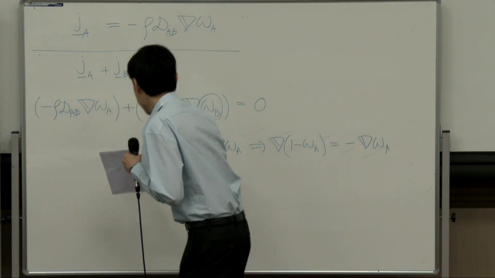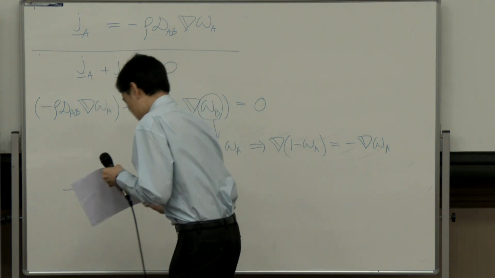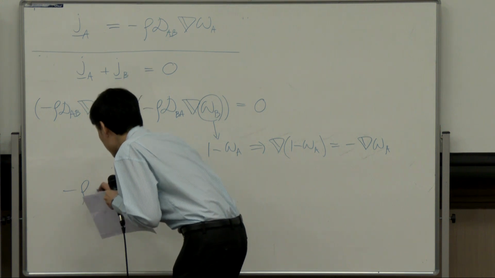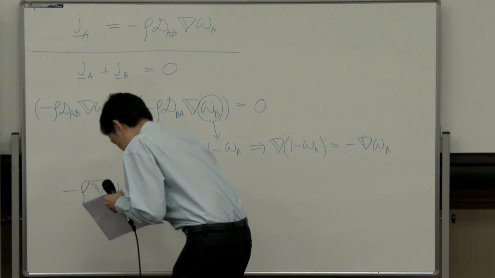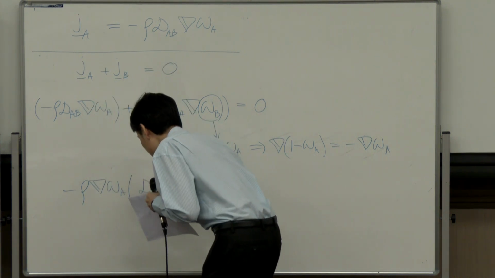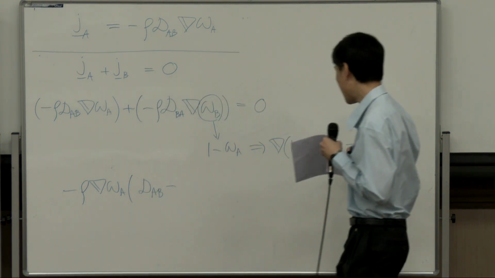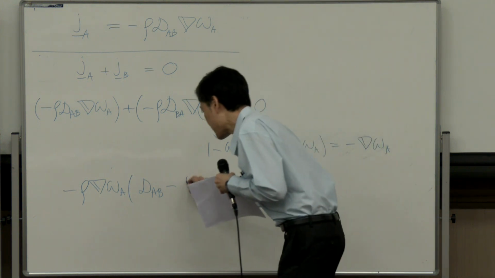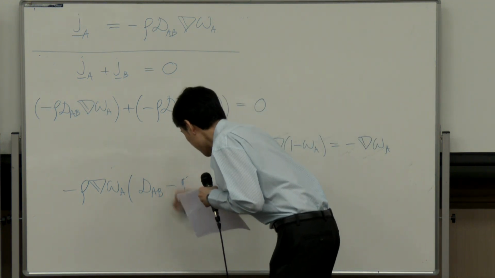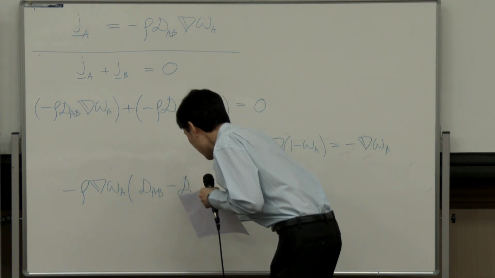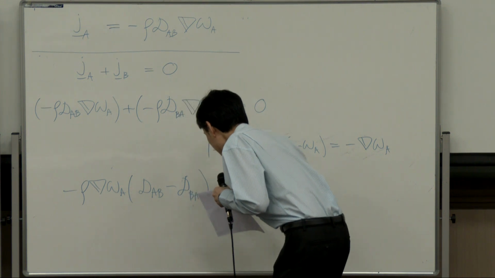If I take the common term out, I will get rho del omega A. Inside that will be DAB, subtract, these negative signs come from here, okay? And DBA. That's equal to 0.